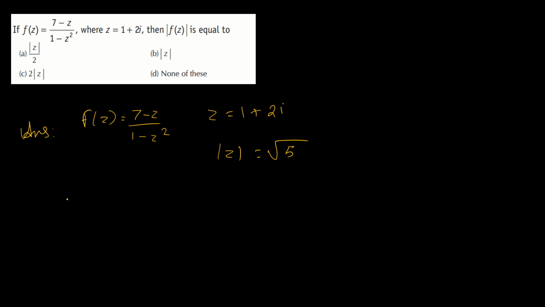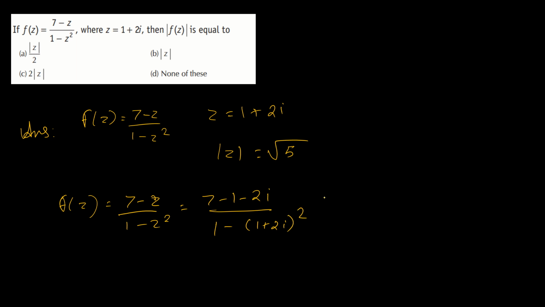Now let's find f of z. f of z is equal to (7 minus z) by (1 minus z square). Substituting the value of z, that is (7 minus 1 minus 2i) divided by (1 minus (1 plus 2i) whole square). After subtracting, 7 minus 1 is 6, so we get (6 minus 2i) divided by (1 minus 1 minus 4i square minus 4i).